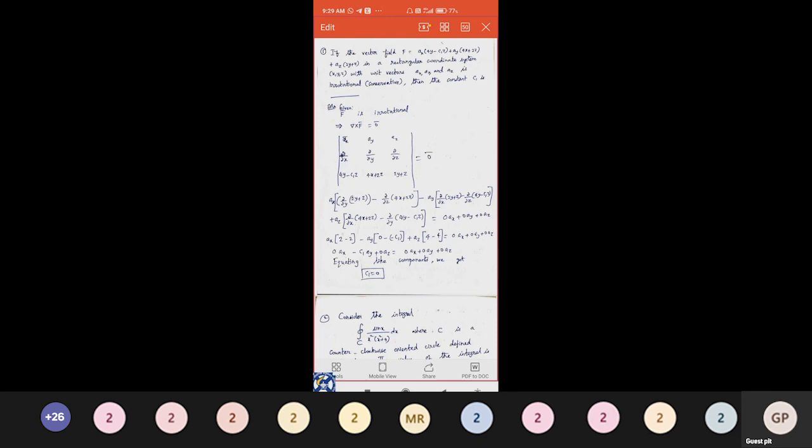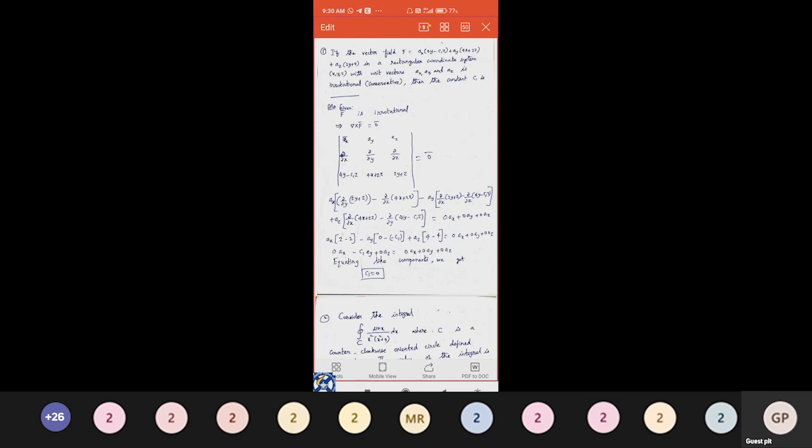Now we can expand the determinant which is present on the left hand side. The usual determinant expansion. Suppose I am expanding with respect to the first row. Ax vector multiplied by, leaving the first row and the first column, dou by dou y of 2y plus z minus dou by dou z of 4x plus 2z, minus the second term, ay, dou by dou x of 2y plus z minus dou by dou z of 4y minus c1z.